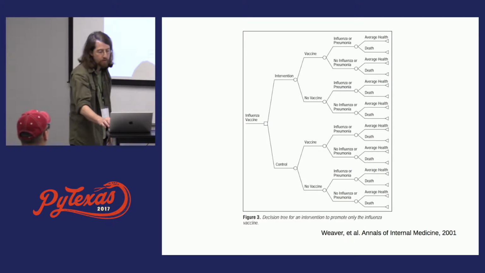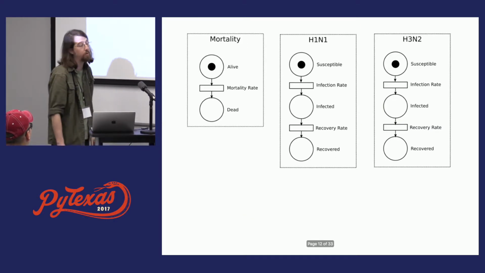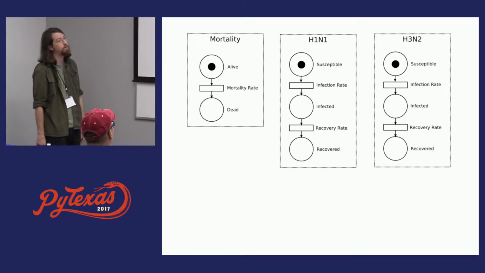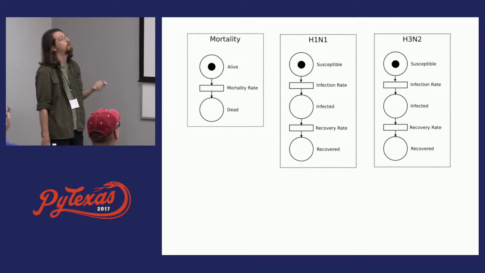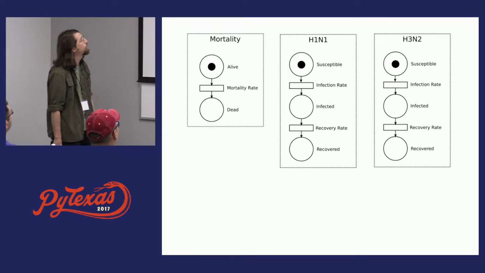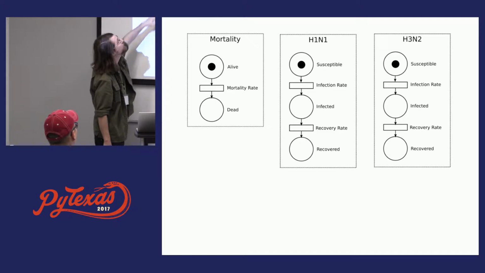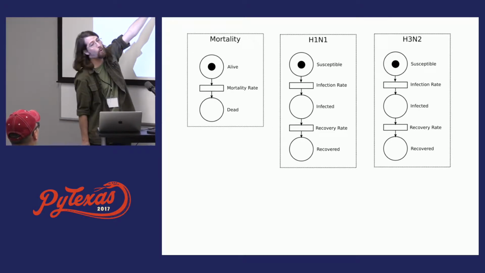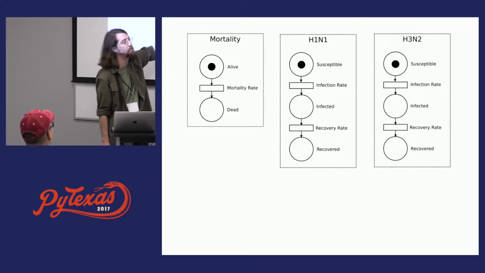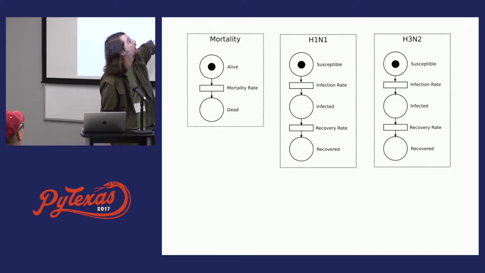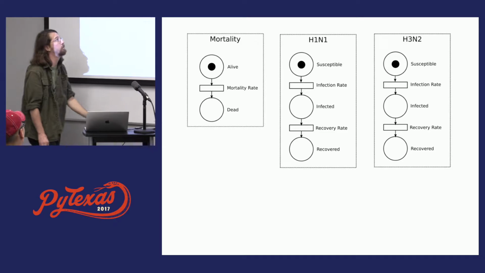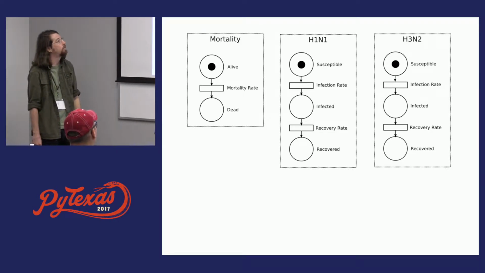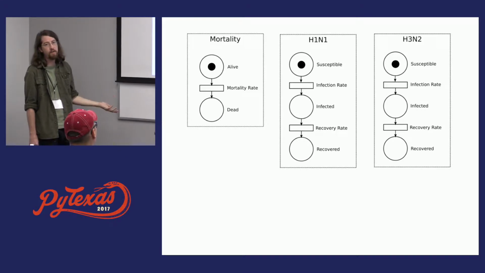But if you start thinking about individuals, you can do some interesting things. And so now I've changed my notation a little bit because I'm now talking about a single person, not a population. And this single person is currently alive. That's what the black dot means. They are currently susceptible to one type of flu, like say this year's variety of H1N1, and they're currently susceptible to this year's variety of H3N2, another kind of flu. So I've got the same kind of state space, right?